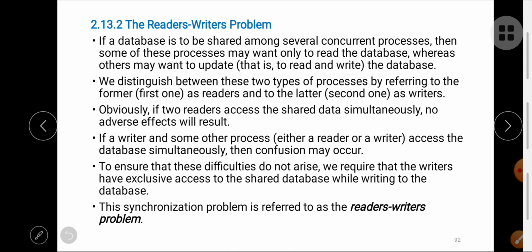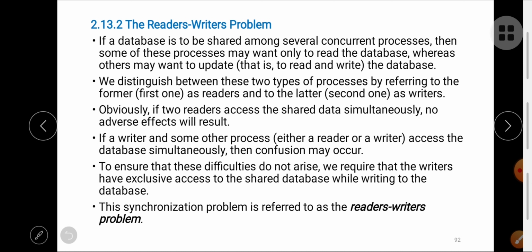Here we differentiate between these two types of processes by calling the first one readers and the second one writers. Obviously if two readers access the shared data simultaneously, no adverse effects will result. It means there will be no side effects on the result.